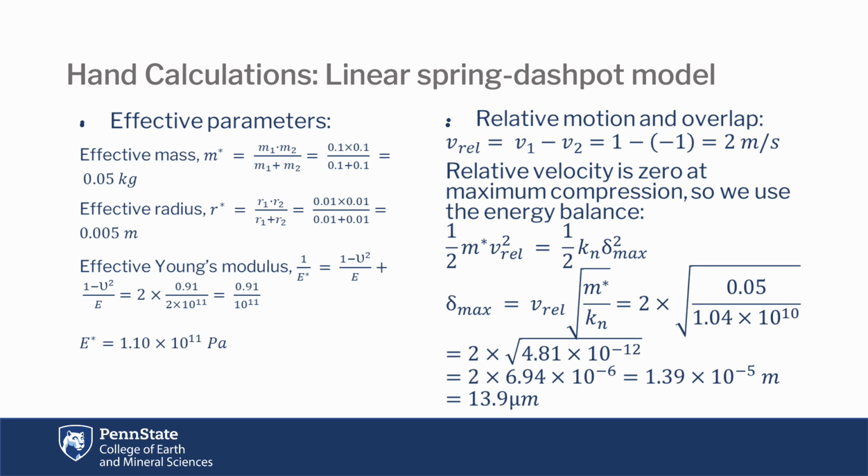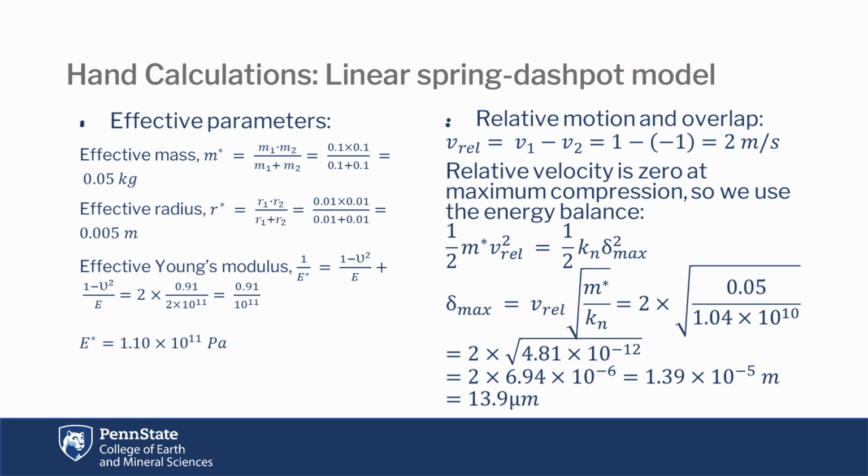They are not scalar quantities. So we have a relative velocity of 2 meters per second. If we must calculate the maximum displacement, we have to do an energy balance and equate these two formulas that we're seeing over here.